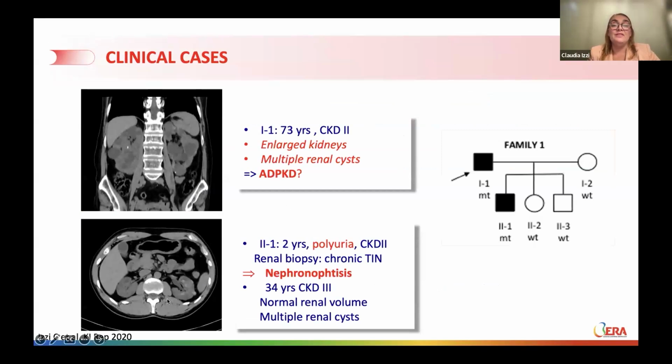In the son, however, there was a very early onset disease at 2 years of age with polyuria, and a renal biopsy revealed a possible nephronophthisis. And this imaging is at 34 years of age, and he had normal kidney volume, but some cysts.